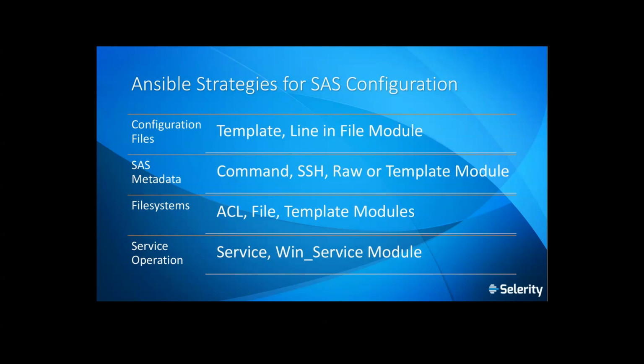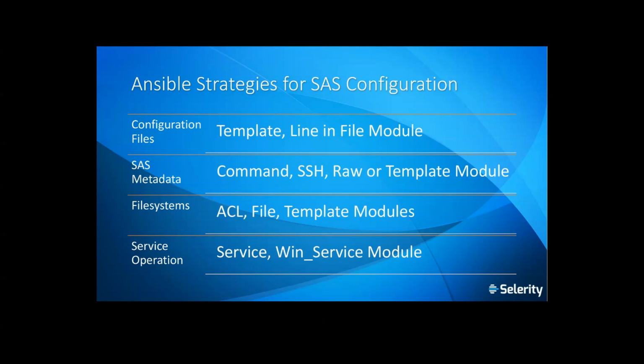So on configuration files, typically you're looking at either the template module or what's called the lineinfile module. The main difference is when you're thinking about your strategy for configuration management: do you want to have complete control over that configuration, i.e. zero configuration drift in that file?